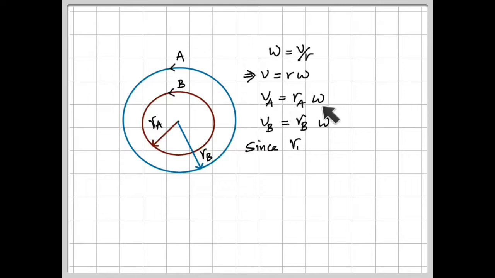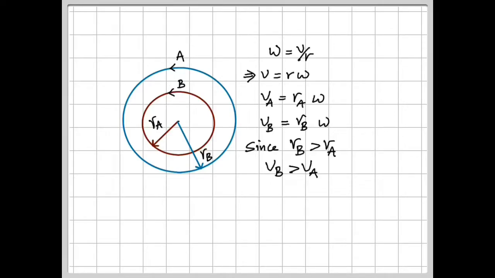So VA is RA omega, VB is RB omega. Since RB is greater than RA, the velocity has to be greater. So if two objects have the same angular velocity, but different radii, then the one that has the bigger radius will have the bigger linear velocity.